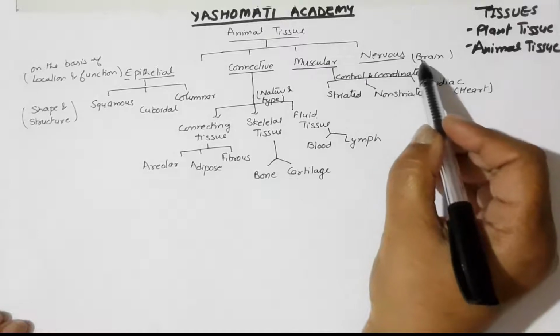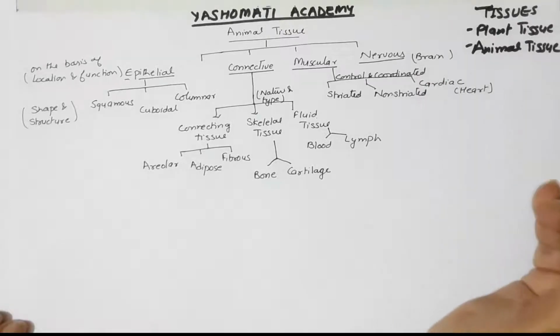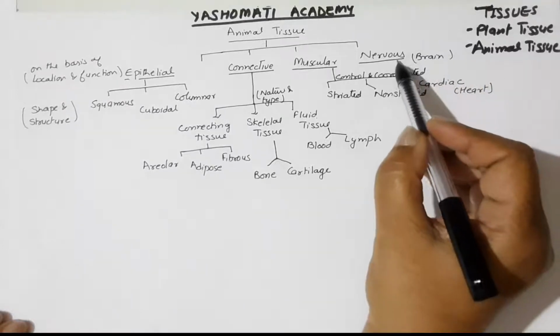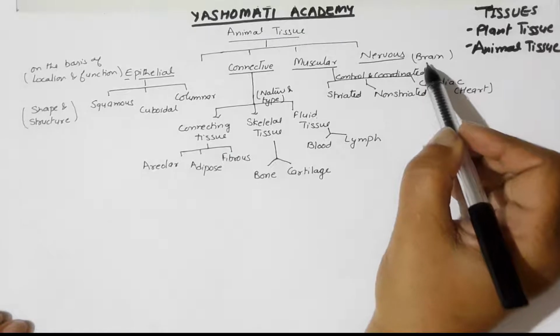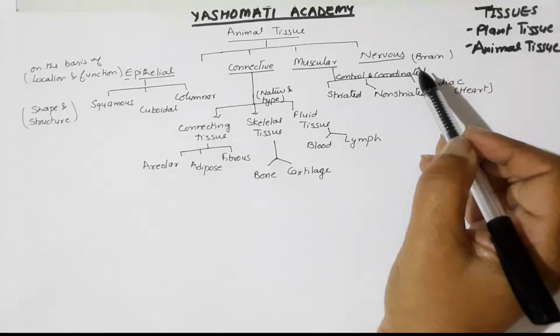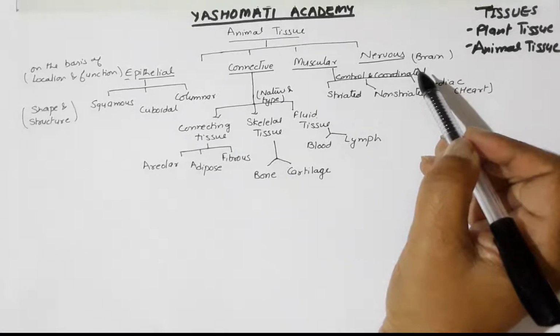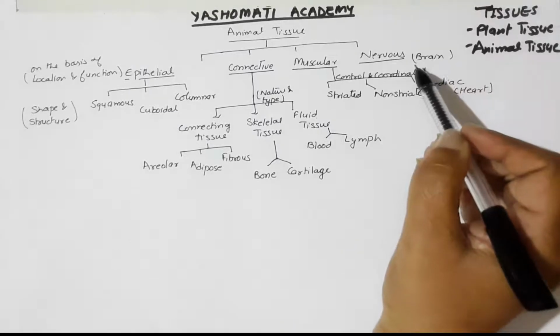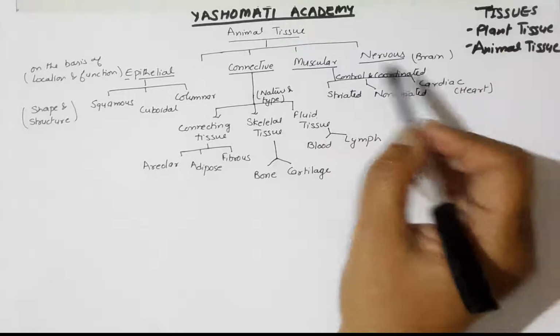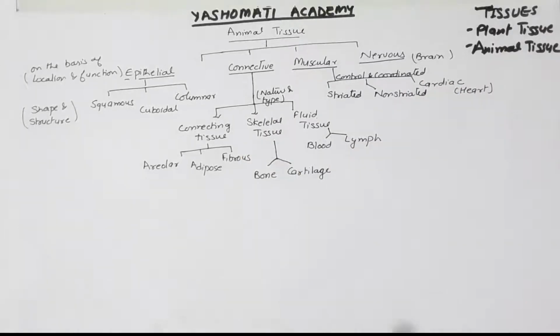We interact with the environment, be it the internal or external environment of the body, through these tissues. They consist of different types of cells, and we will be studying all these cells and their functions.